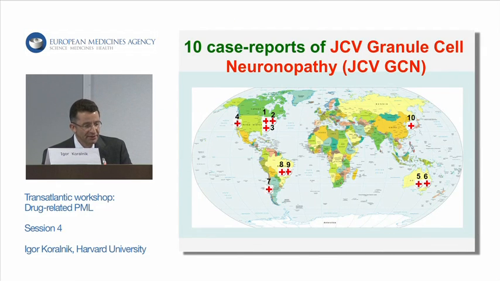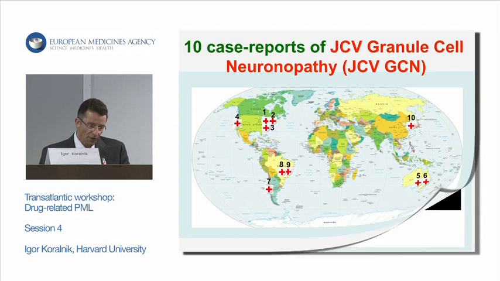And nowadays, there have been 10 case reports of JCV granule cell neuronopathy published in the world, in the United States, East Coast, West Coast, in Brazil, in Chile, in Australia, in South Korea, and hopefully we can expect more to be diagnosed in other places in the world.